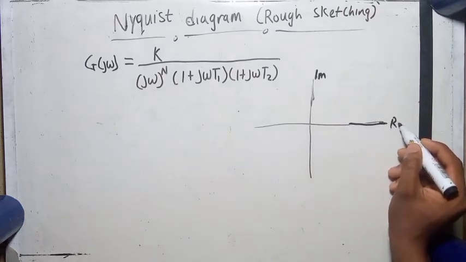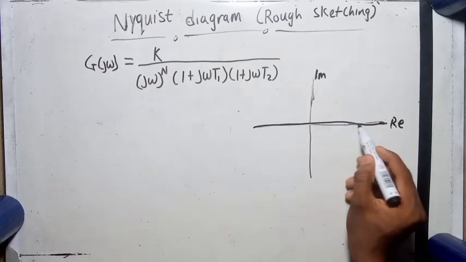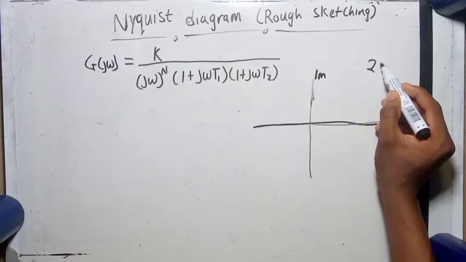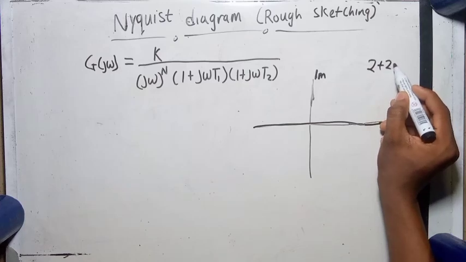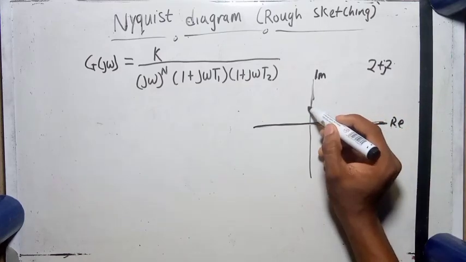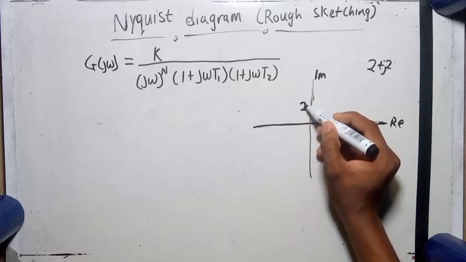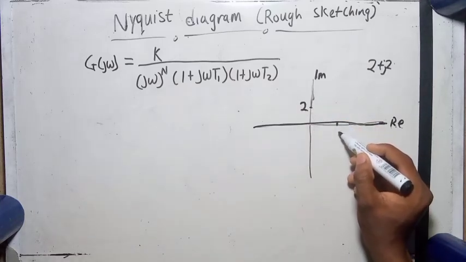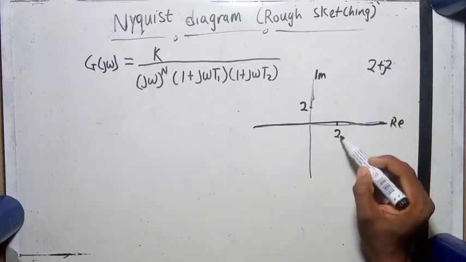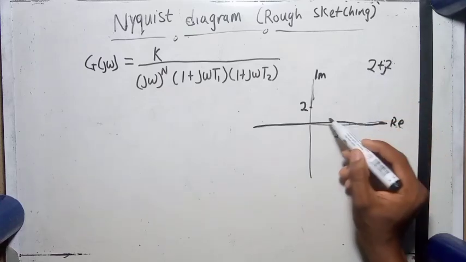and your x-axis is now what? Real axis. So if you're given a function, let's say 2 plus 2j, you look for 2 on your y-axis and 2 on your x-axis. This 2 is representing the one with the imaginary sign. The 2 is representing the real number.